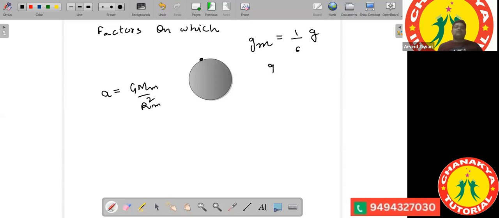So the acceleration due to gravity on moon would be 1 over 6 times 9.8. That means on the moon, a person can jump higher.